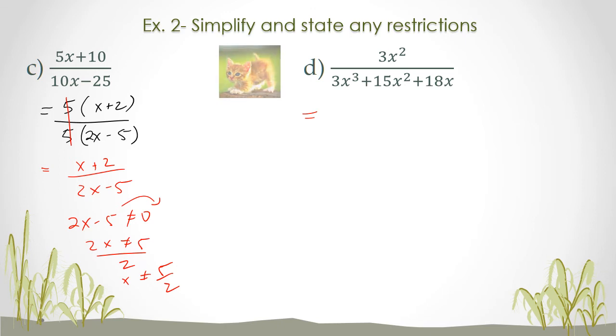3x squared in the numerator on top, can't do anything with it. On the bottom, well, can we factor out a 3x, which will leave us with x squared plus 5x plus 6. And then you could factor again what's in brackets. That's a simple trinomial.